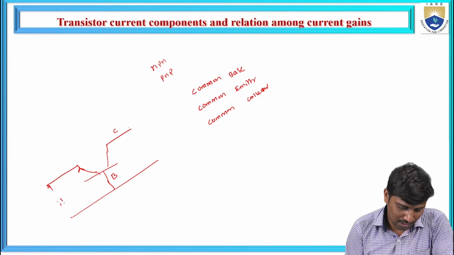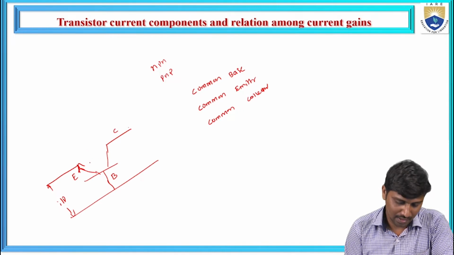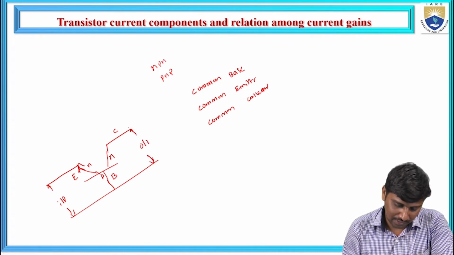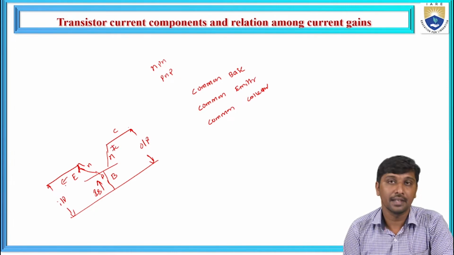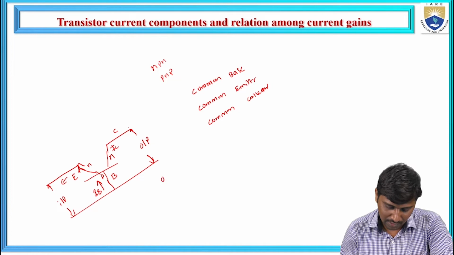The input is passing through the emitter terminal, and this is an NPN transistor: emitter, base, and collector, N-type, P-type, and N-type material. Output is taken from the collector. The base current flows here, this is the collector current, and here the emitter current. So in this, the output is collector current and the input is emitter current.